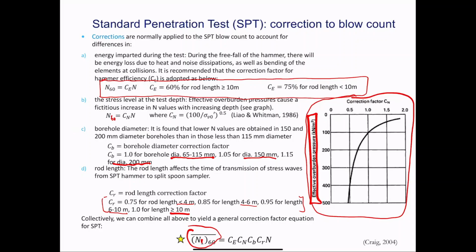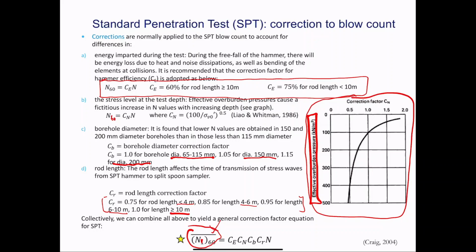So these are the values we often use to communicate as geotechnical engineers. We rarely use the raw N values because they can vary by a factor of 2 if we don't cater for all of these effects, so we have to consider corrections to the N value.